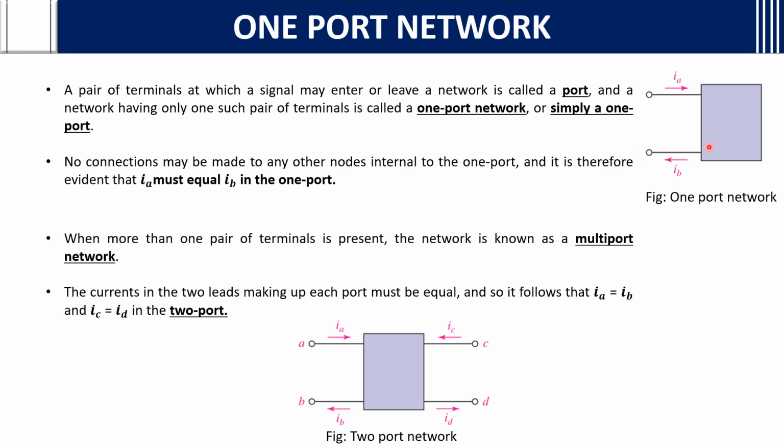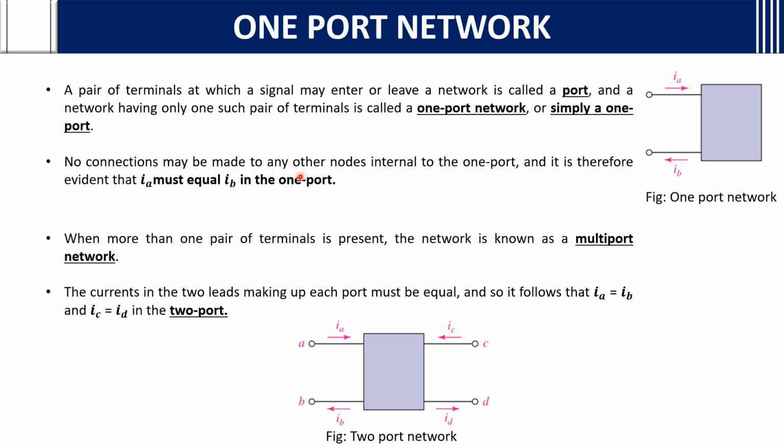If it is leaving, it is the output port. The network which has only one such pair of terminals, that is one input port and output port, is called a 1-port network, as you can see here.